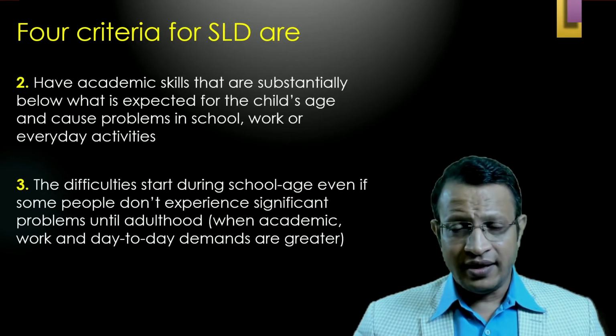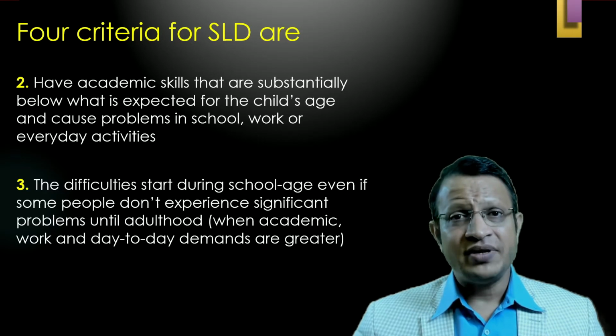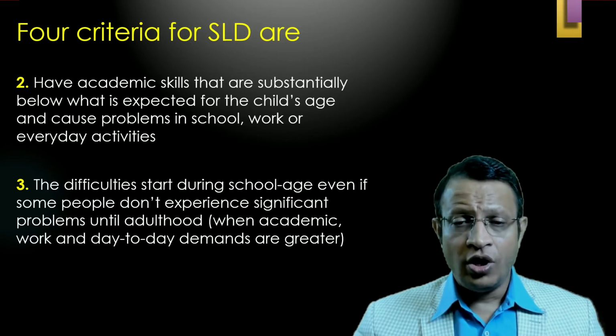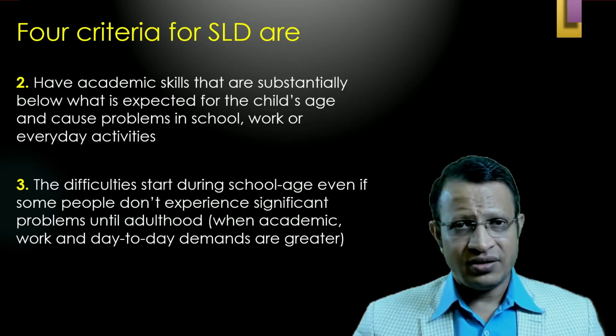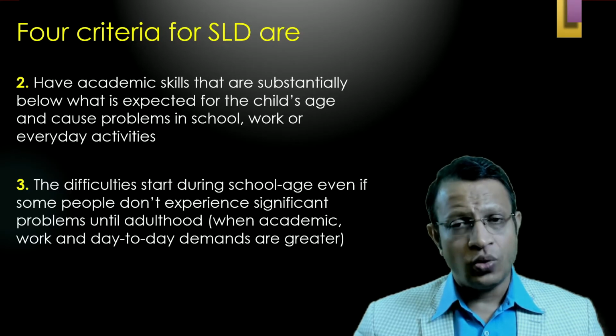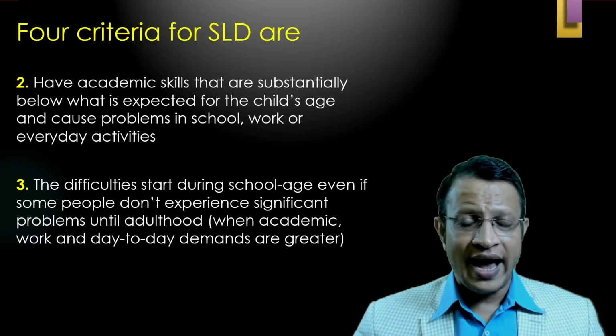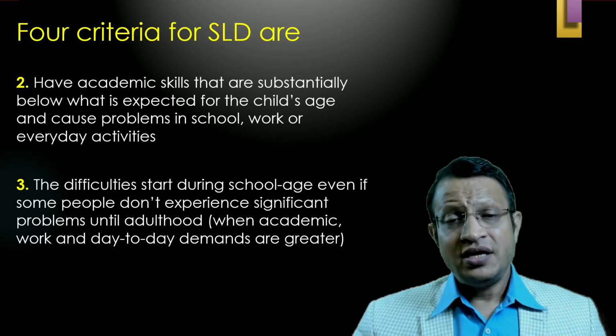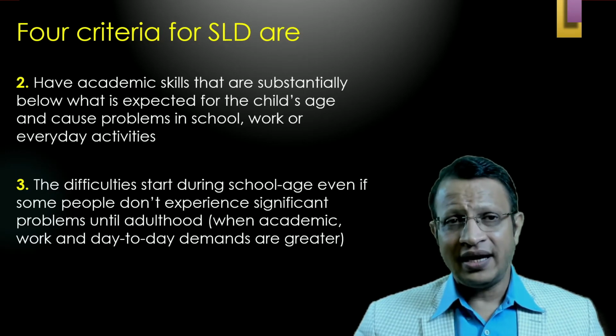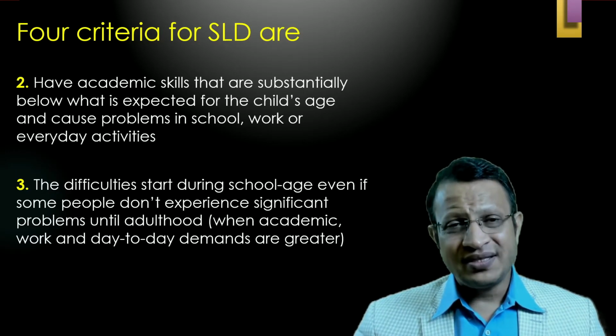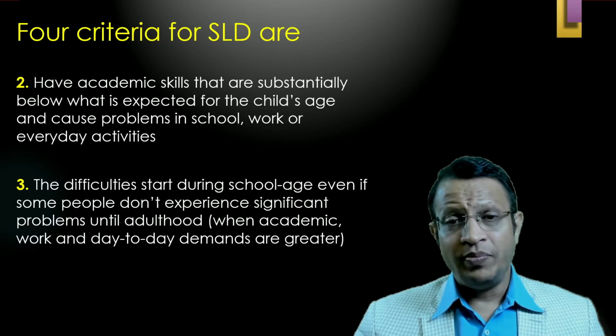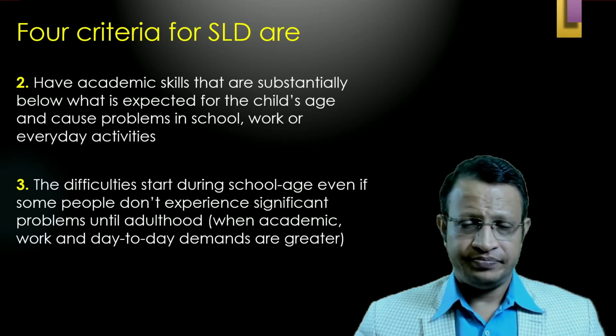The second criterion is academic skills that are substantially below what is expected for the child's age and cause problems in school, work, or everyday activities. That means the child's academic skills should be below the expected age level.